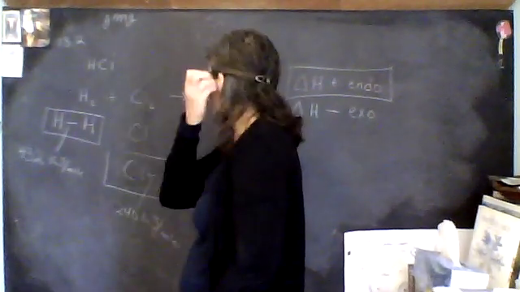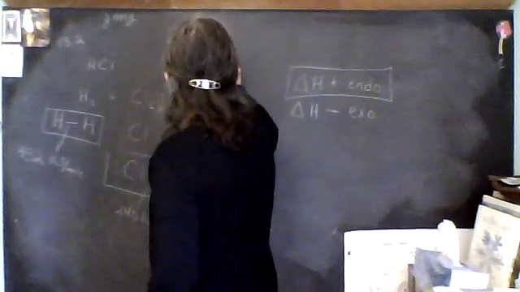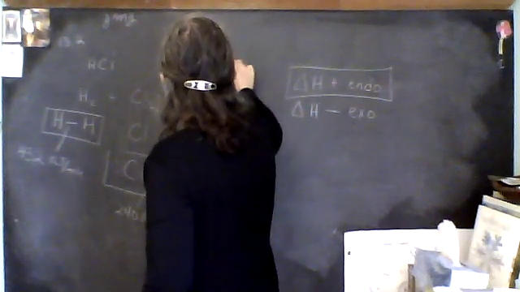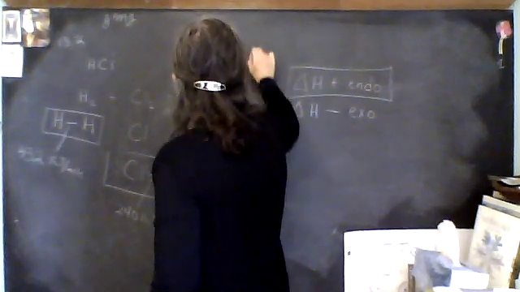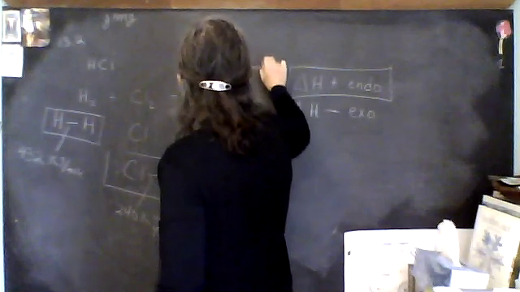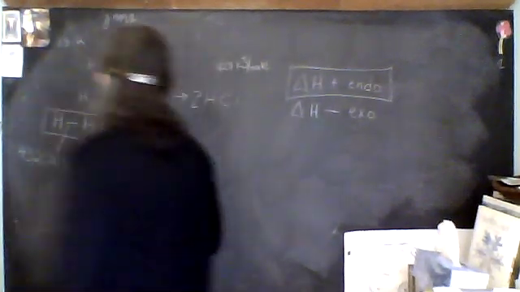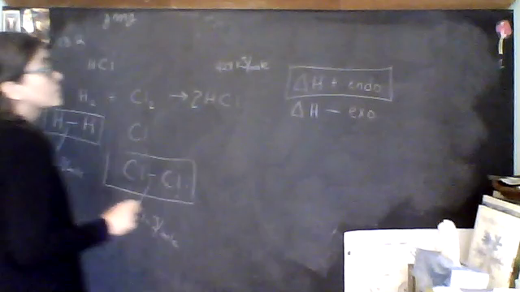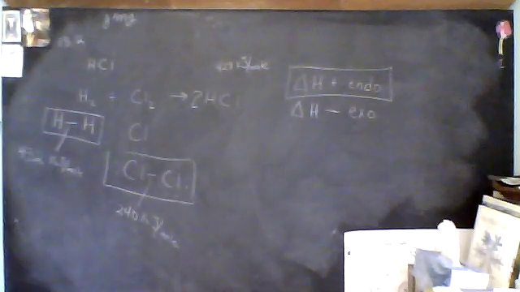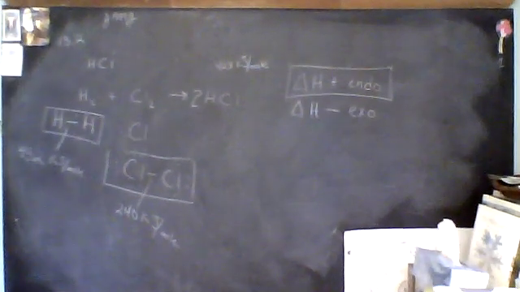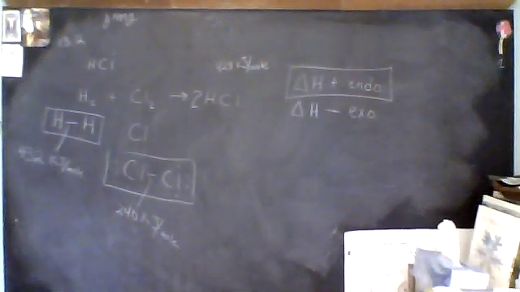The HCl is 428 kJ/mol. Okay. And how many of them do we have? We have 2 moles, right?